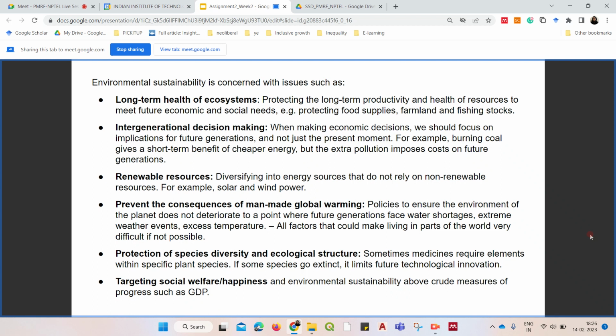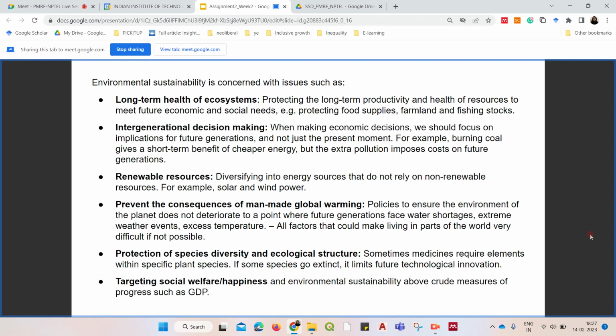So this can be a part of long-term health of ecosystem. So as we all know, different species of the ecosystem and of the ecological structure have their own functions assigned in the ecosystem, and they are balanced with each other by very complex and intricate structures.